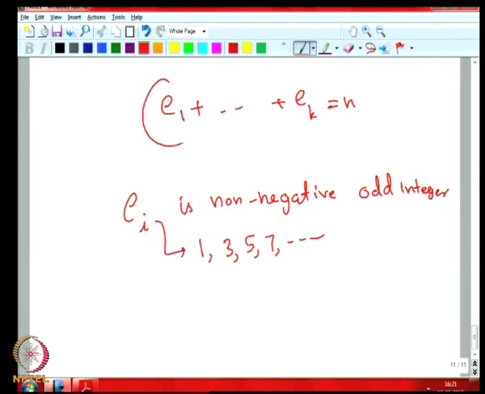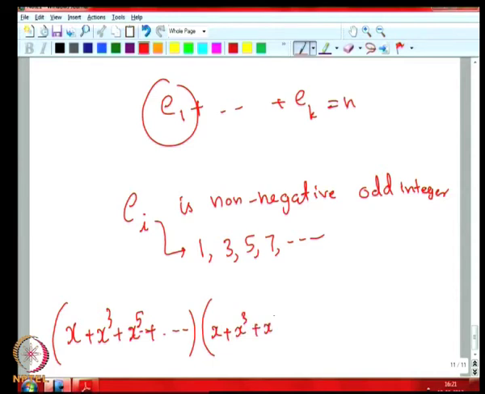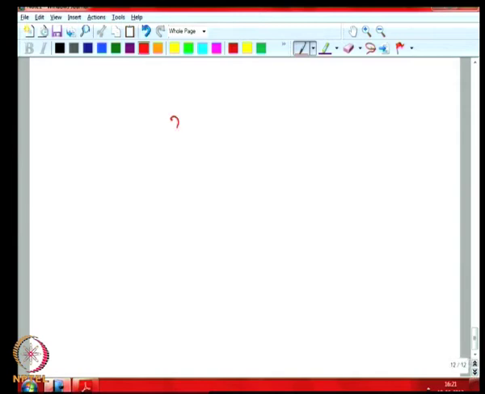So, corresponding to e1 we can put one term, namely x plus x cube plus x raised to 5 and so on. Similarly, a term corresponding to e2, x plus x cube plus x raised to 5 plus so on, and like that, for ek we will get x plus x cube and so on. So, this is x plus x cube plus so on, to the power k, because there are k terms like that.